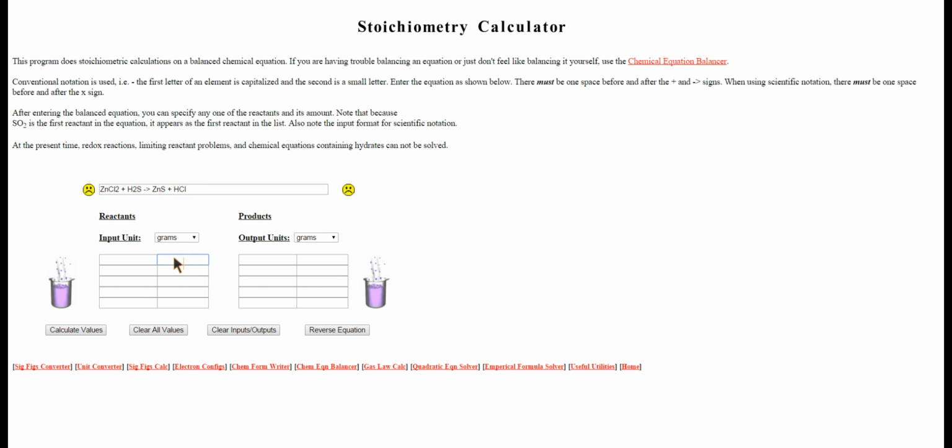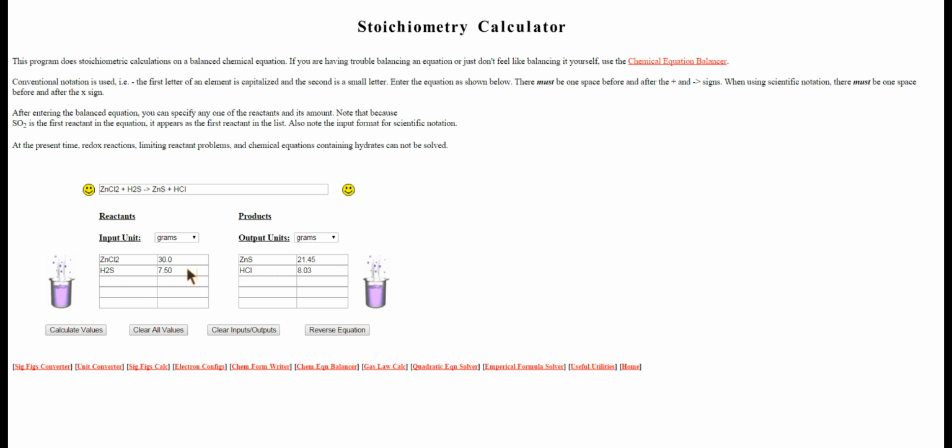We know we're starting with 30 grams of zinc chloride. Okay, over here, I want to know how many grams it's going to make of everything else. I'm now going to hit calculate values. And this is just to check your work. Okay, so on here, we now can see for what it's asking for zinc sulfide, we know we're making 21.45. And like I said, if we round to 3 sig figs, that should be 21.5. That should be your answer for this.